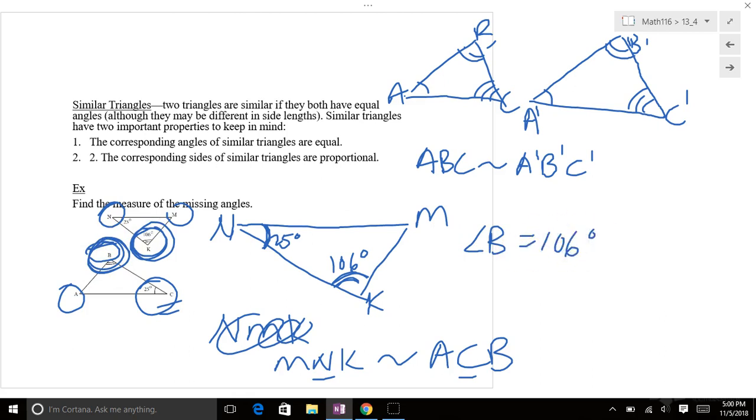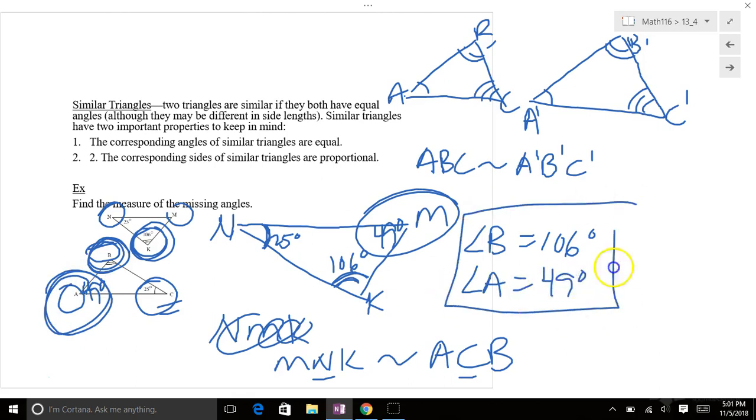And remember, all three angles in a triangle add up to 180 degrees. So, 106 plus 25, you've got 131. So the remaining angle would be 49. So that's got to be 49 degrees right there, M, which means this A right here would have to be 49 degrees. So angle A, 49 degrees.